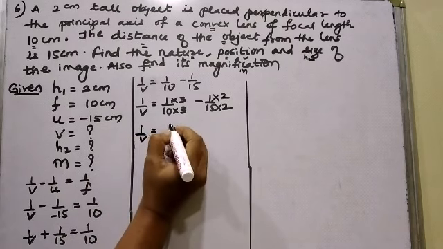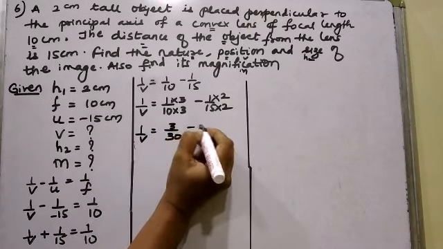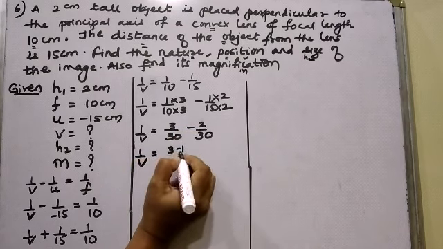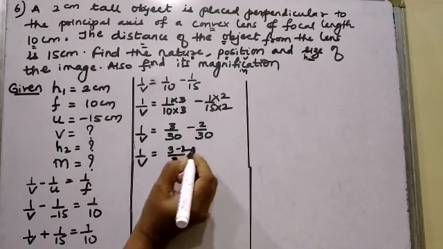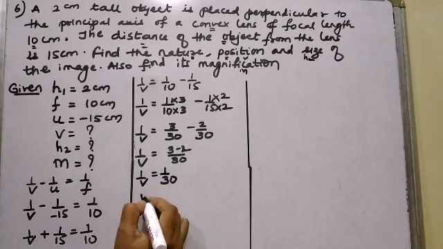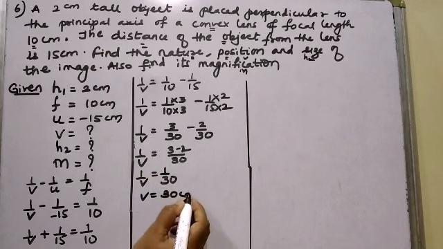So 1 upon V is equal to 3 upon 30 minus 2 upon 30. So 1 upon V is equal to 3 minus 2 upon 30. So 1 upon V is equal to 1 upon 30. Take invertendo, V is equal to 30 centimeters.